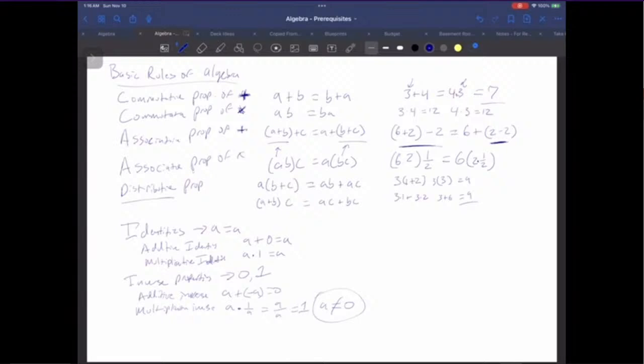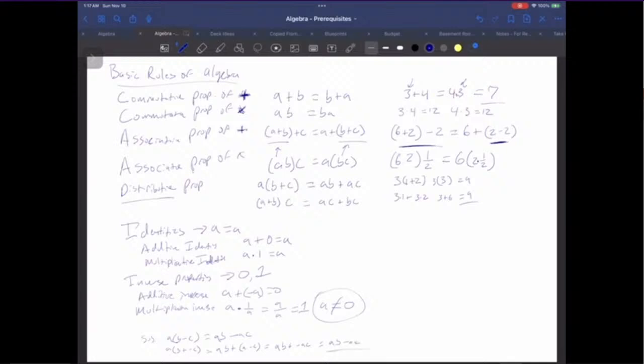For instance, the subtraction form of A times B minus C is going to be A times B minus A times C. It's the same thing as A times B plus a negative C, which is going to be A times B plus A times negative C, which is going to result in AB plus negative AC, which is the same as AB minus AC. So you can see that it's the same thing.